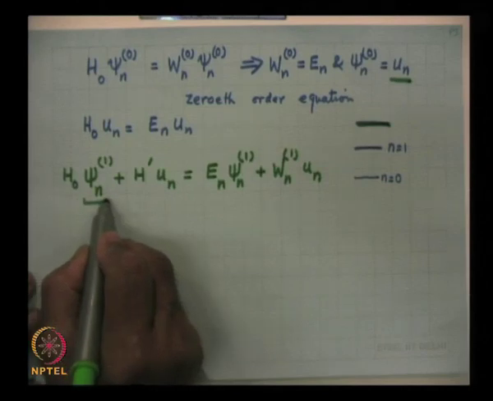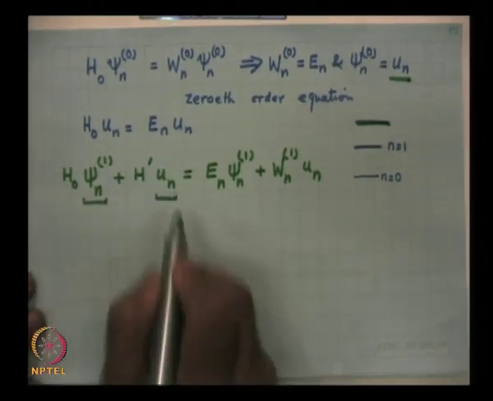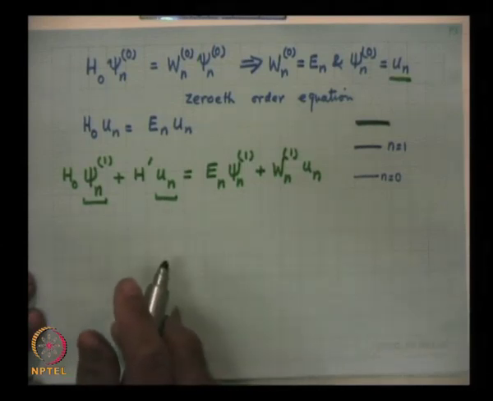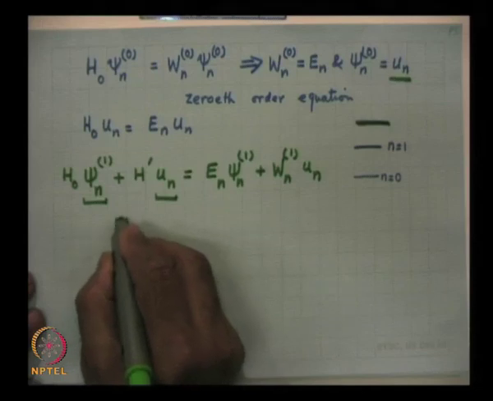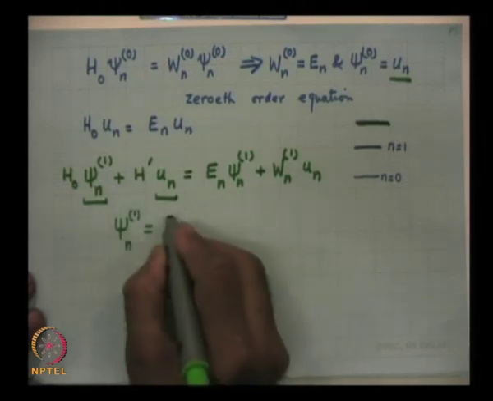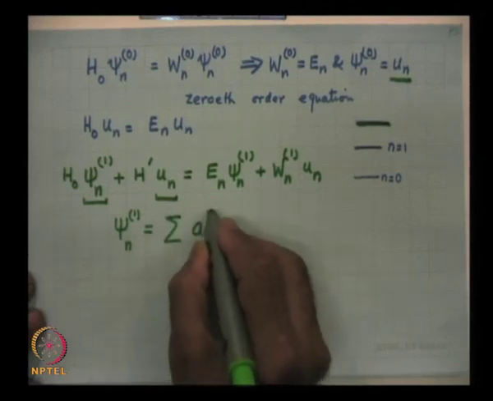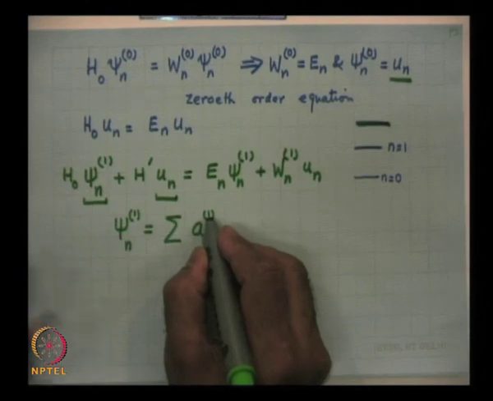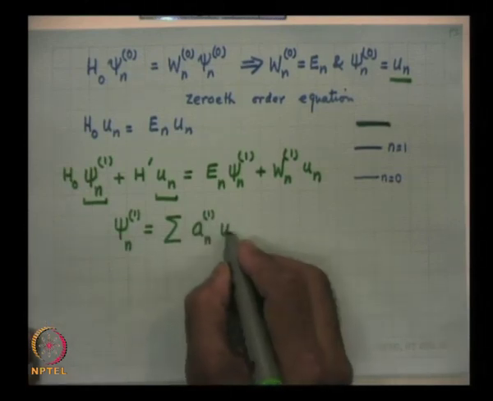Psi n 1 I do not know, but I know that u n form a complete set of functions. Therefore, we can always expand psi n 1 as a n 1, where the superscript represents that we are considering first order perturbation, times u n.